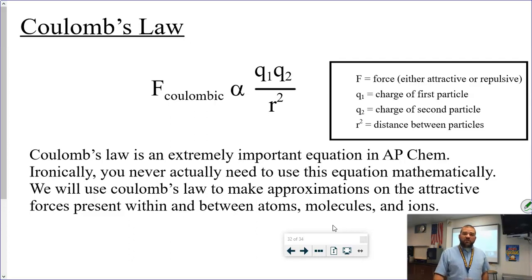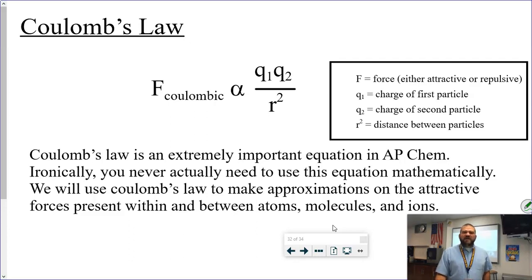We're not going to do math. But conceptually, this is a really important concept. Coulomb's law is an overarching concept that shows up again and again in this class. This equation is absolutely correct, but in terms of the mathematical use of it, we will never plug numbers into this equation.